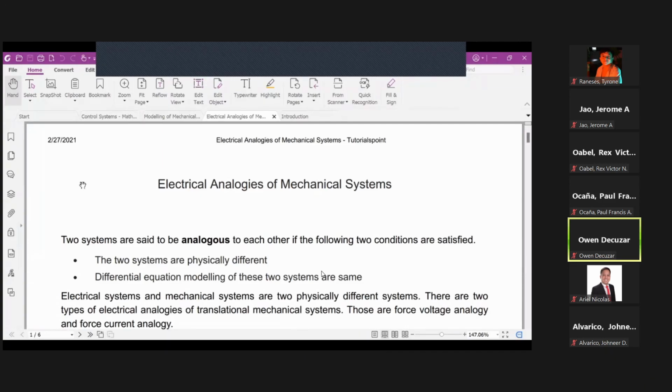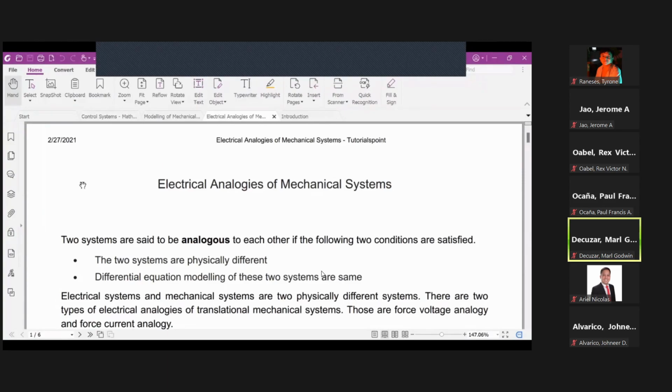So therefore, we meet the first criteria or the first condition, which is the systems must be different. And the second condition is that the differential equation modeling of these two systems are the same. So meaning the differential equation mathematical model we come up with for those two physically different systems are the same.